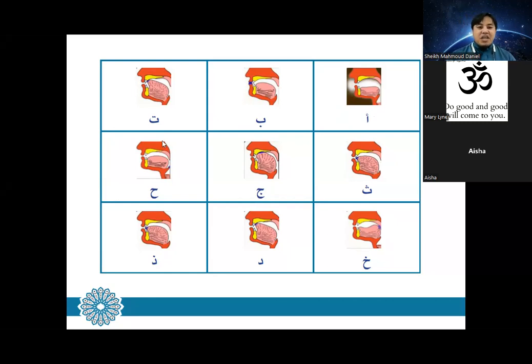And one of the examples, as you can see here, like for example, this ta, you can see the tongue on the top of the upper teeth going to the upper palate. So that's the way how we pronounce the letter ta, ta, ta.